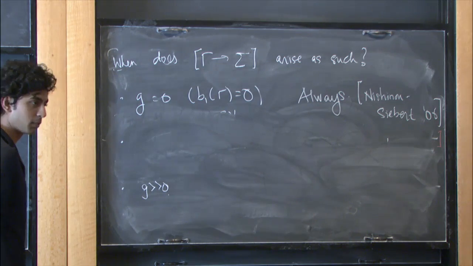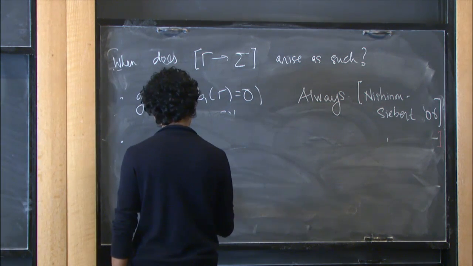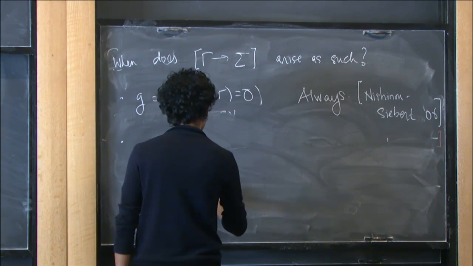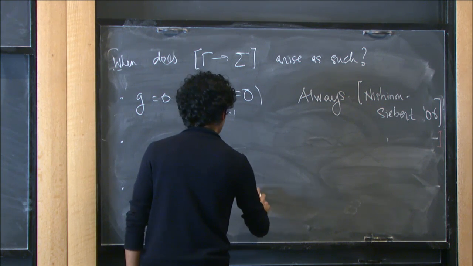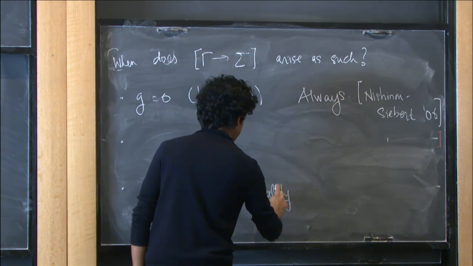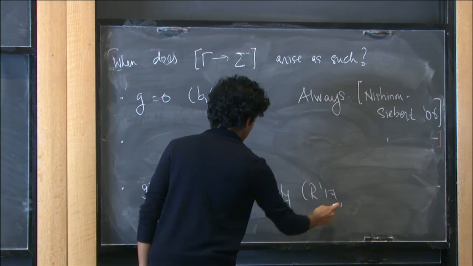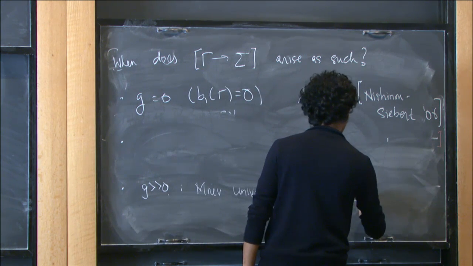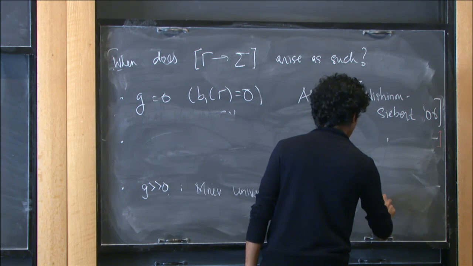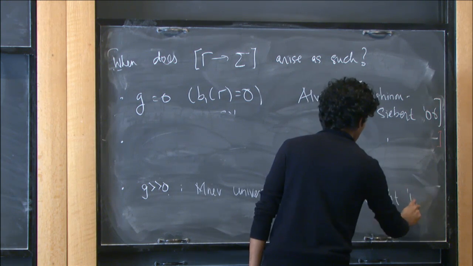So when the genus gets arbitrarily large, this is also a problem that satisfies Mnëv universality. There's a version of this due to myself, and also a version due to Dustin Cartwright in a related setting.